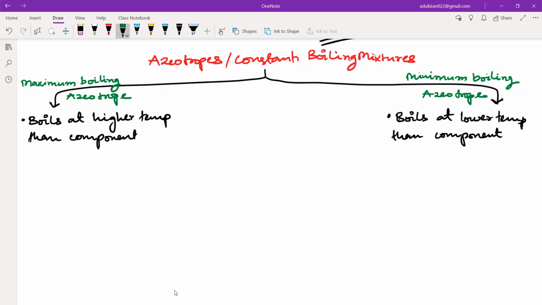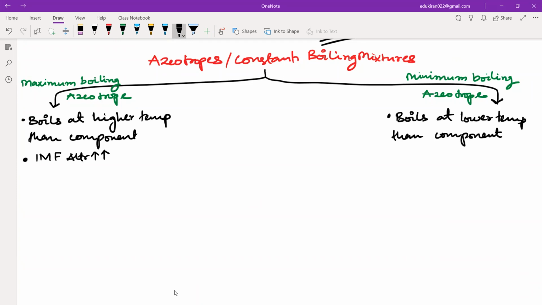Okay, now what else can we write about this? It boils at a higher temperature than the components, and since it boils at a higher temperature, that means intermolecular forces of attraction increase.